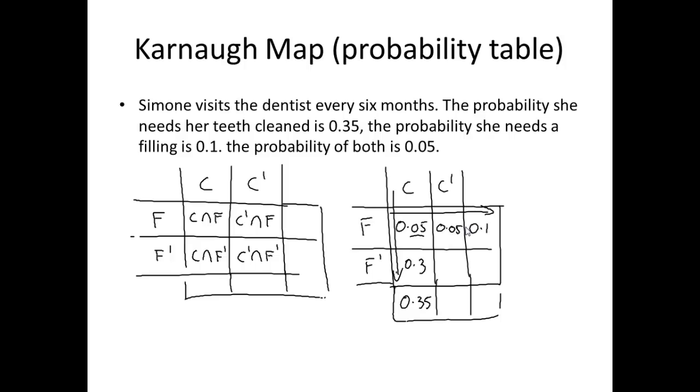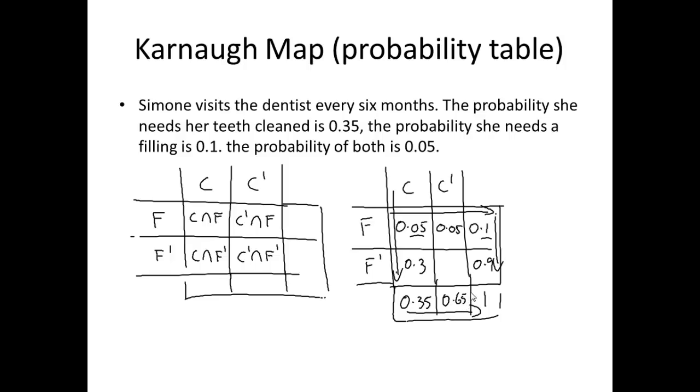Then you say, hang on a minute, the possibility of something happening is 1. So this row has to add to 1. We've got 0.1, so here's 0.9. This row also has to add to 1. We've got 0.35, so this is 0.65.